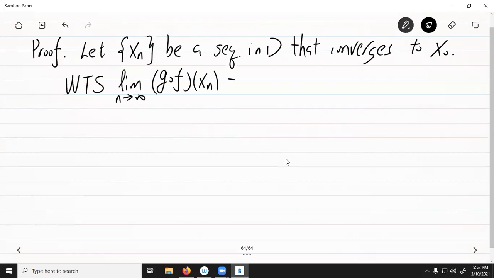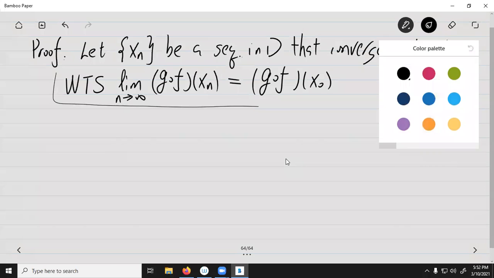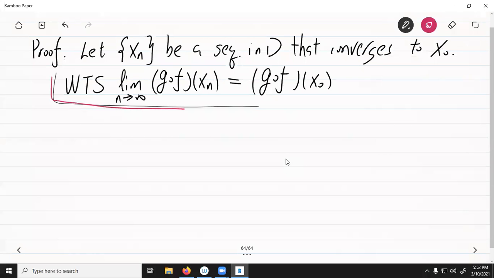Okay, so this is our aim. I use another color to box it.